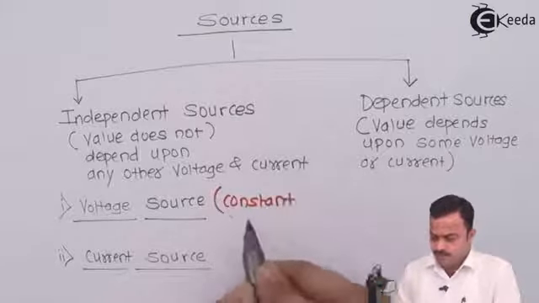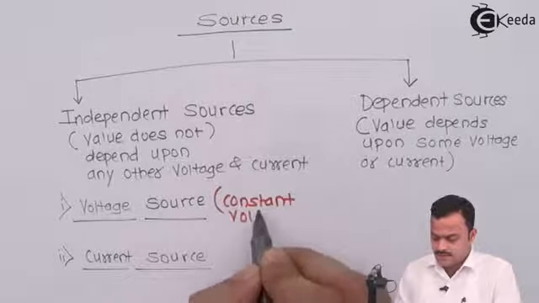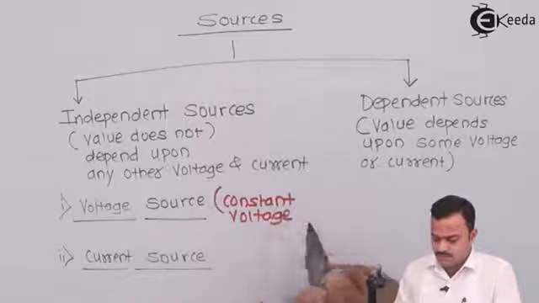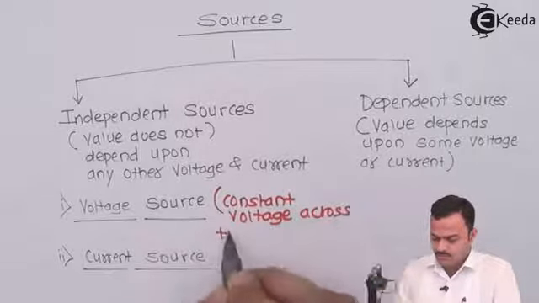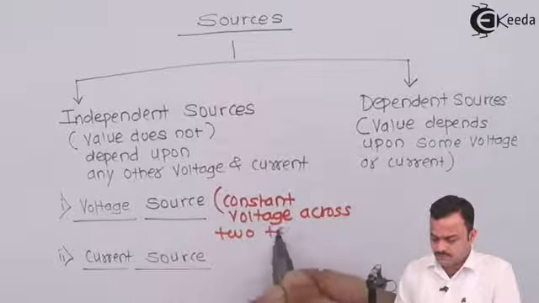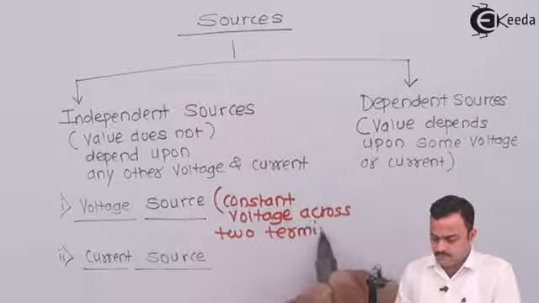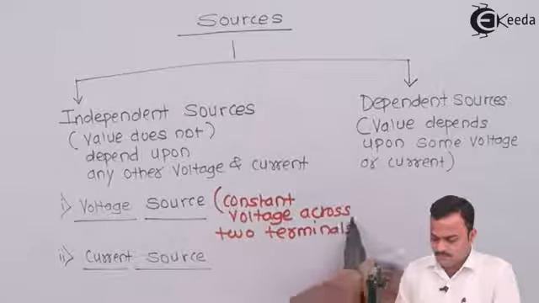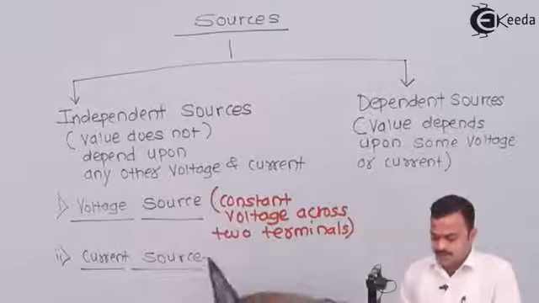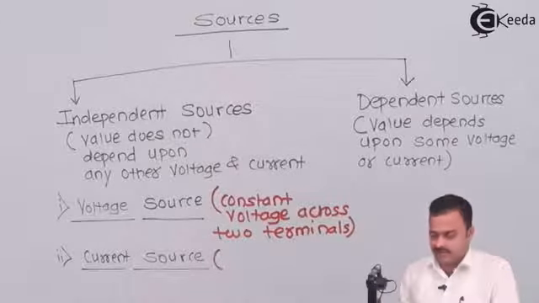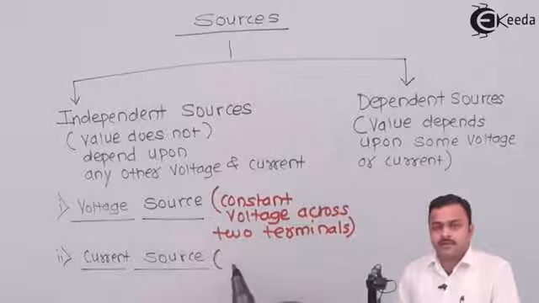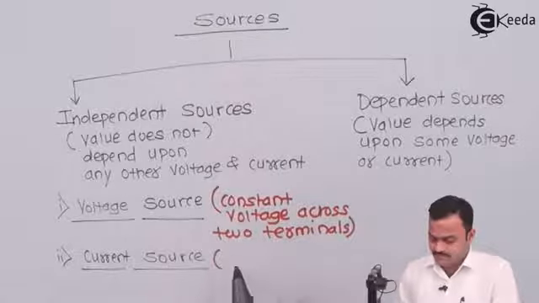So it means it maintains constant voltage across two terminals. Whereas a current source, irrespective of the amount of voltage across it, will always maintain constant current in the circuit.